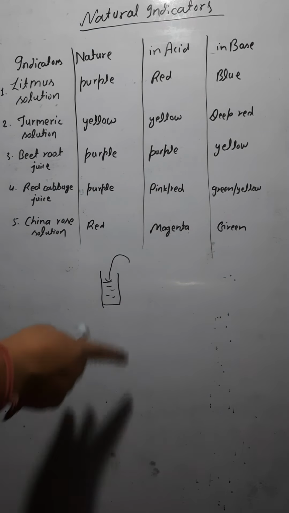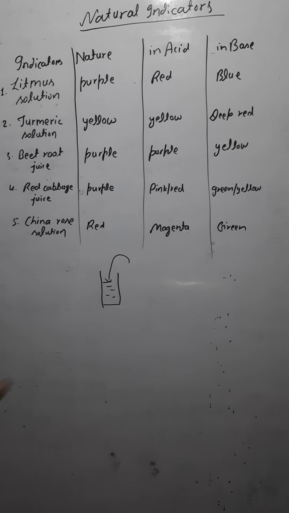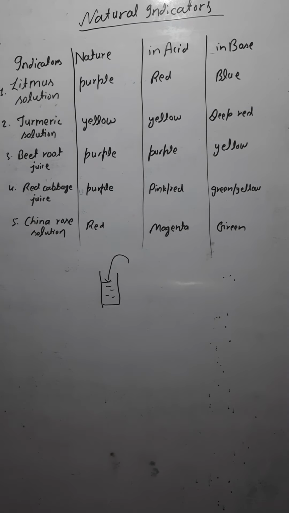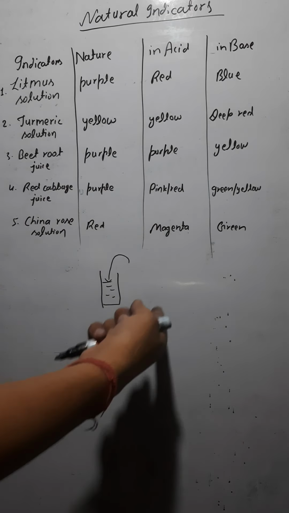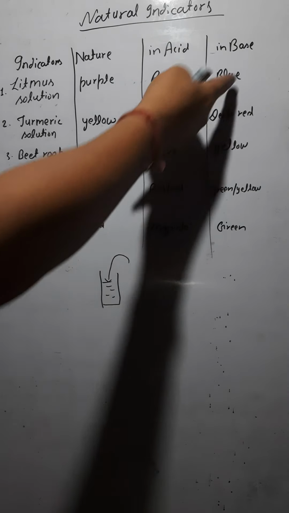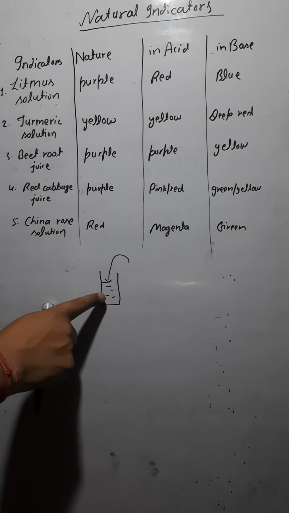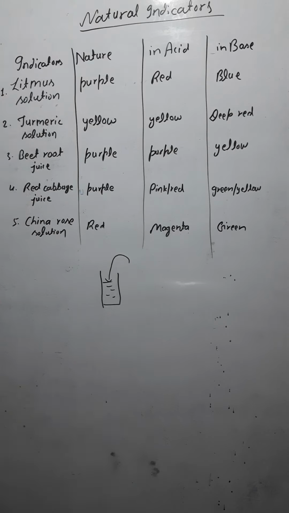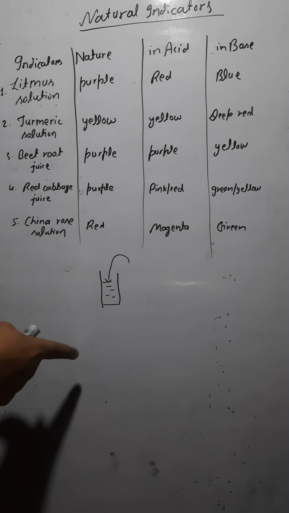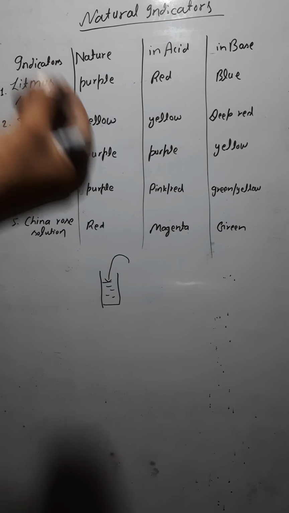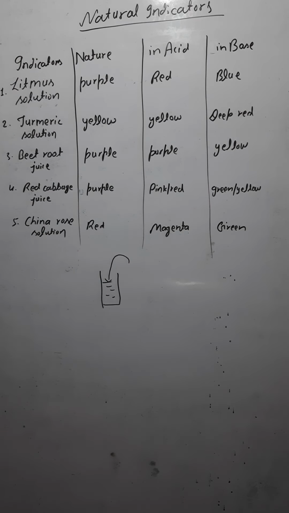Are you getting it? If you put some acid there, it turns red, originally it was purple. In the next case, if you put some base there, the purple color would change into blue. So this is how we can indicate whether a given solution is acidic or basic by using litmus solution.